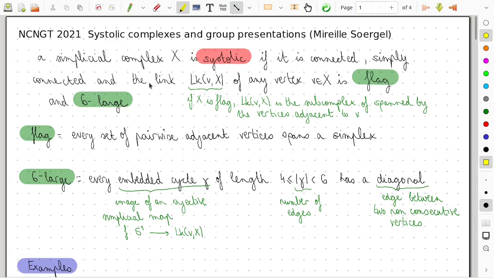So the link of any vertex will be the subcomplex spanned by the vertices adjacent to V. Moreover, if X is flag, so is any subcomplex of X, so the link will always be flag. So we will only need to see if X is connected, simply connected, and if the link of any vertex is 6-large. First, let me give you examples of systolic complexes.